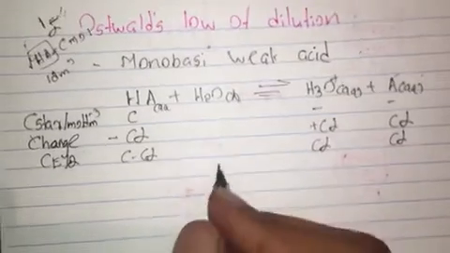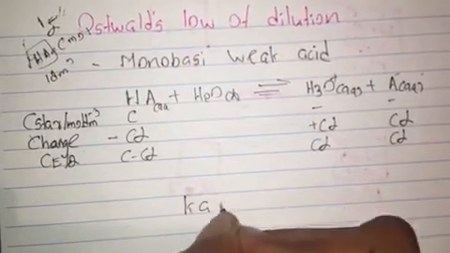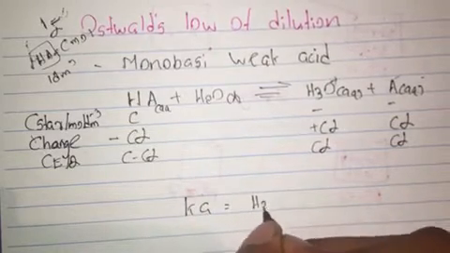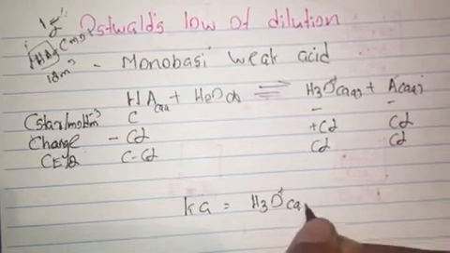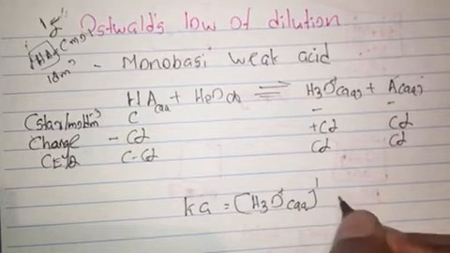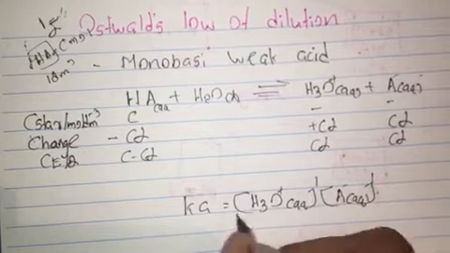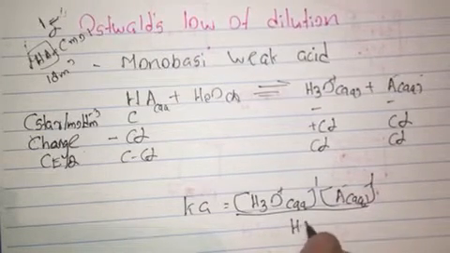Now we can write Ka for this monobasic acid. Ka equals [H3O plus][A minus] over [HA].